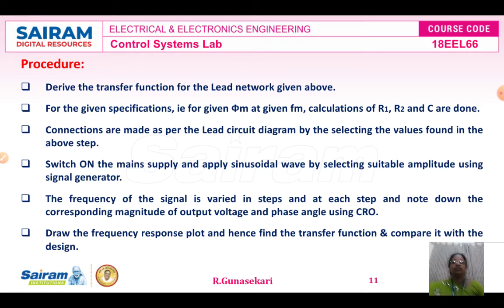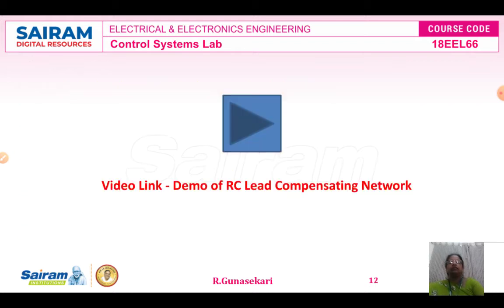The frequency of the signal is varied step by step. At each step, we note down the corresponding magnitude of the output voltage and phase angle using the CRO. Now draw the frequency response of the lead network, find the transfer function, and then compare with the design.